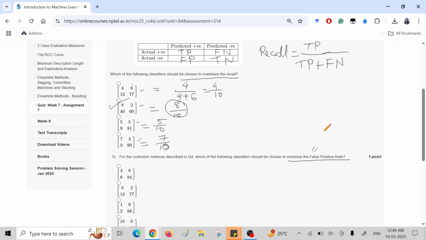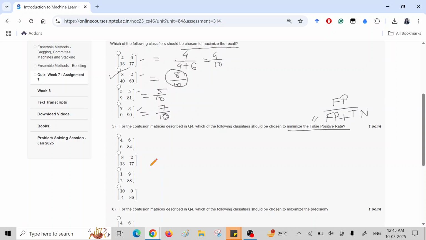False positive rate is false positive in the numerator, and false positive plus true negative in the denominator. We have to find out which classifier gives the minimum false positive rate.